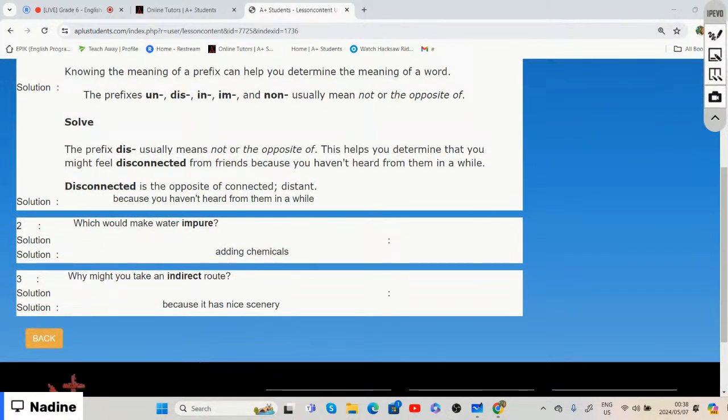Which would make water impure? Is it adding chemicals?